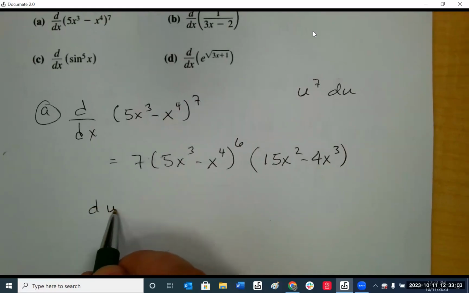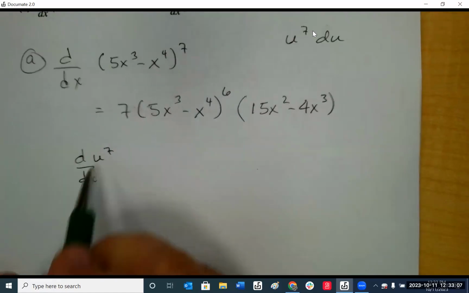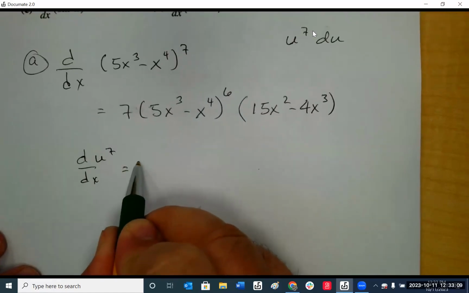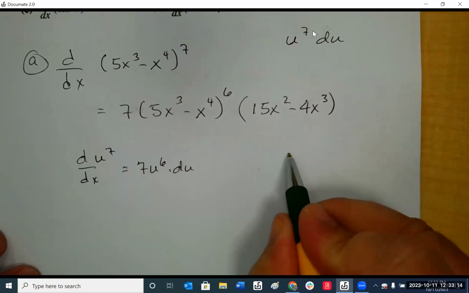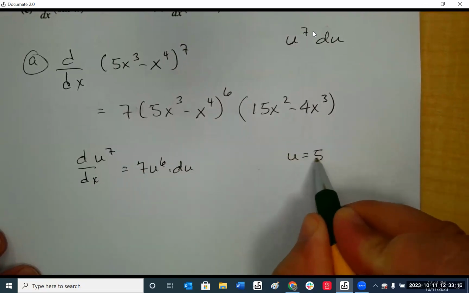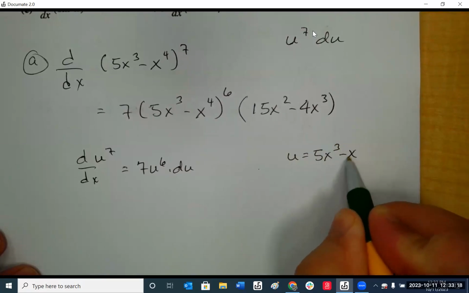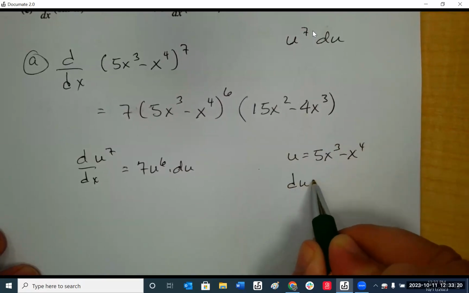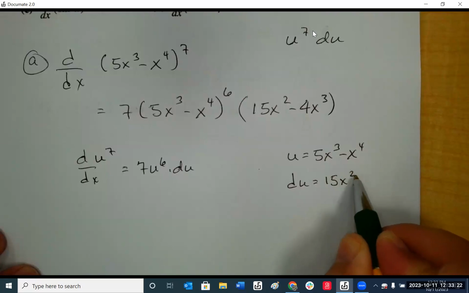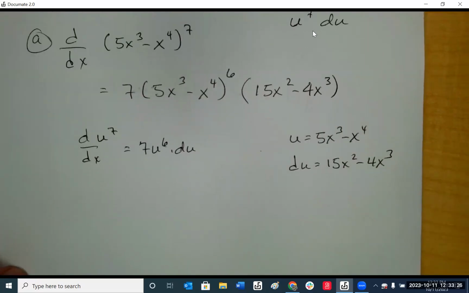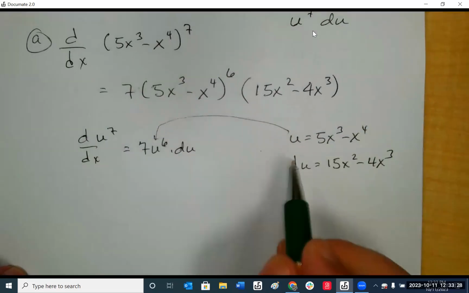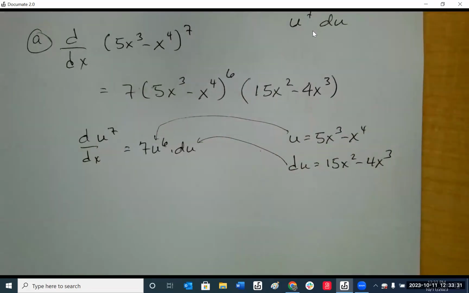It's much easier if we look at it with respect to u. Then we have 7u to the 6th times du, where u is 5x cubed minus x to the 4th and du is 15x squared minus 4x cubed. Plug that in for that, plug that in for that, and you're done.